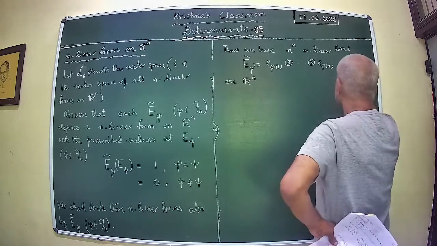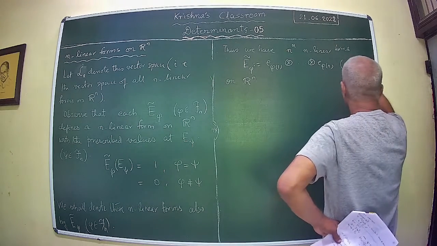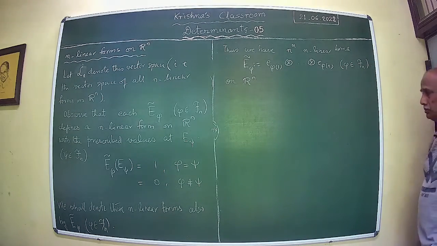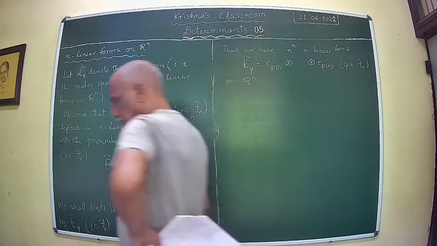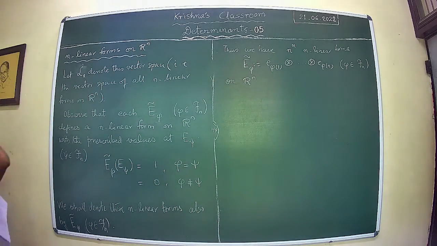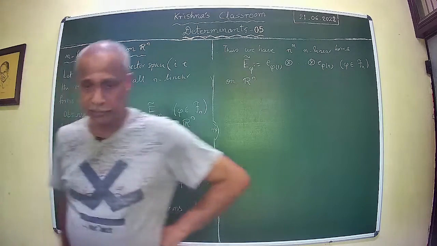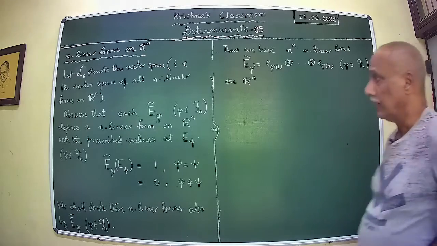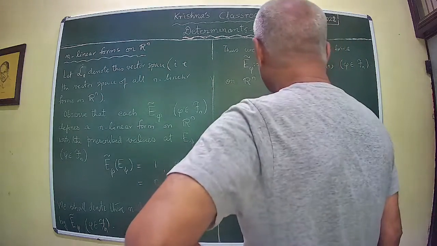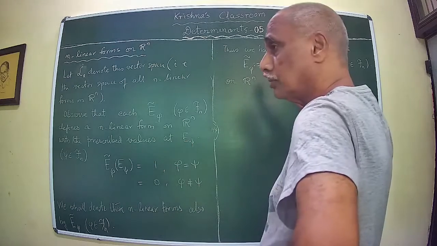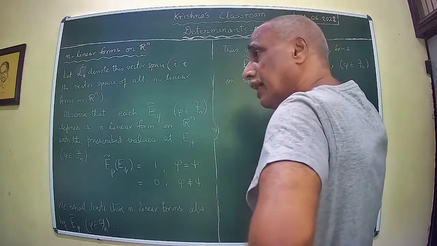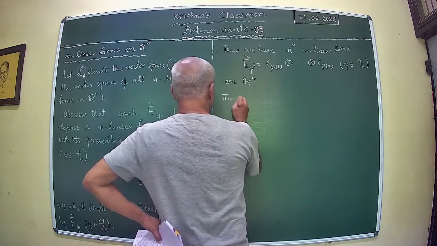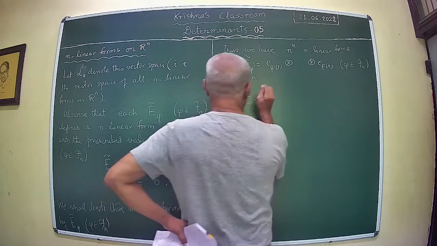now this is true for every phi belonging to Fn. What we are going to assert or prove is that the space Ln that we have designated is going to have these E phi tilde as its basis. So theorem, we prove two things.